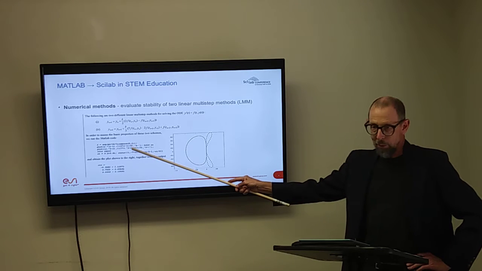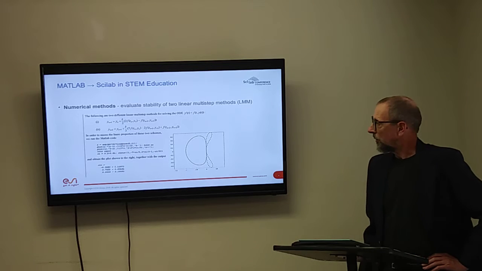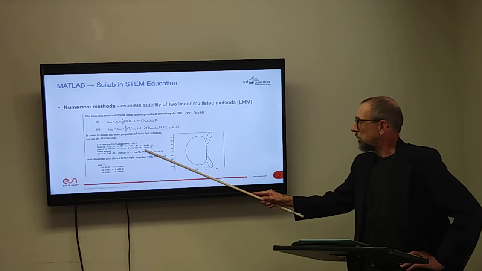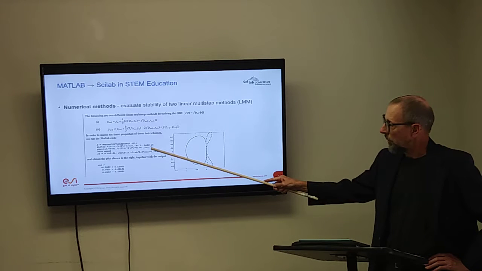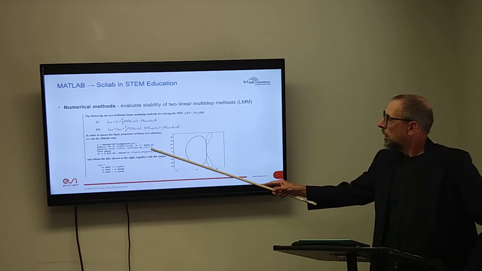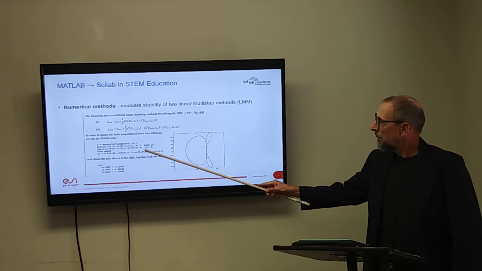This is a MATLAB code, but the linspace is also used in Scilab. So these next 2 commands, this is in MATLAB right here, and I will be showing the translation of that to Scilab in the next slides.